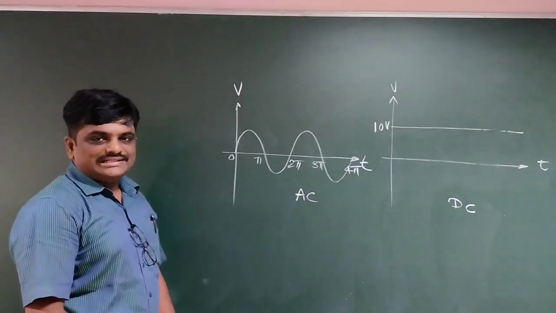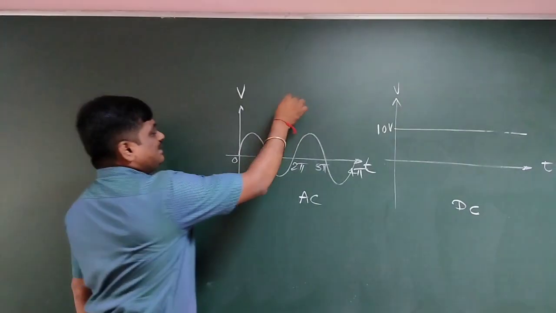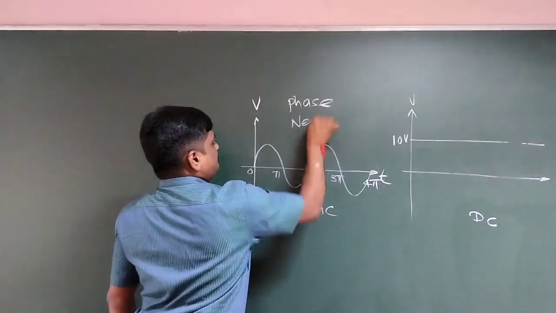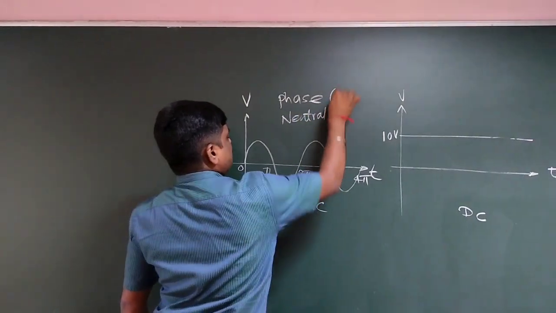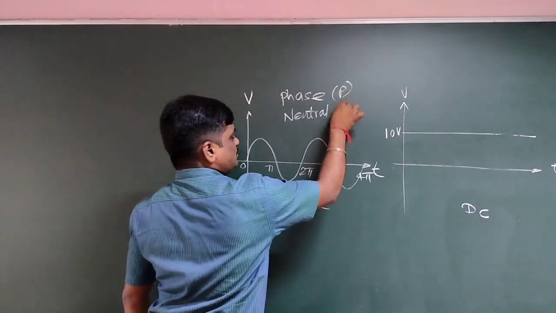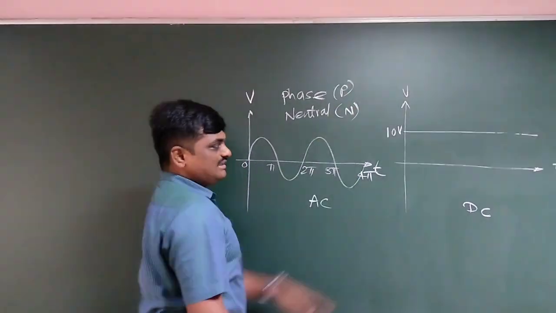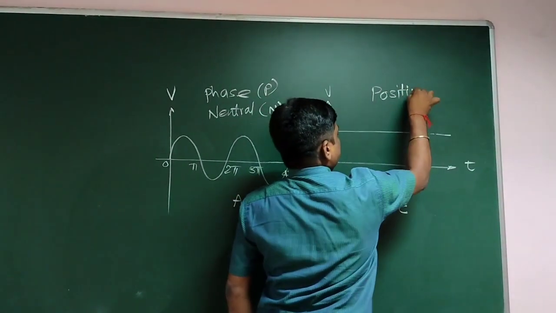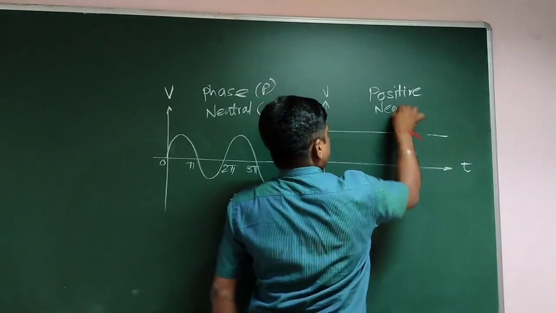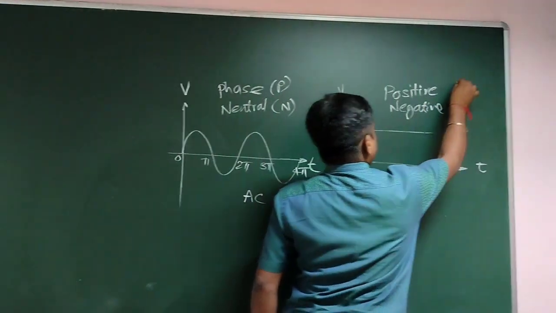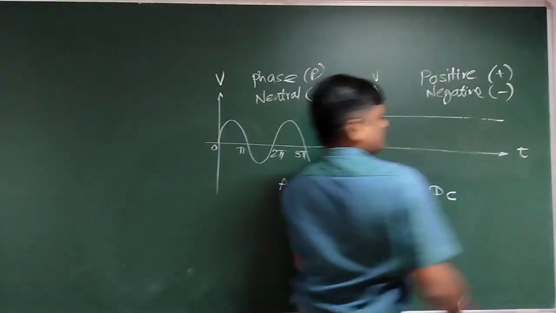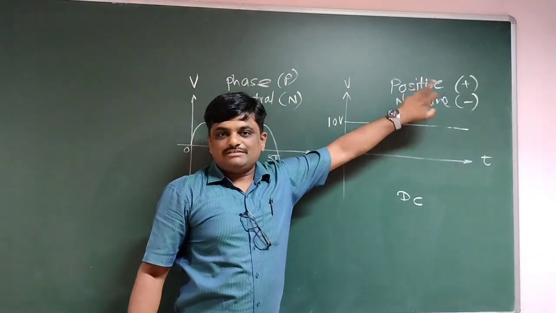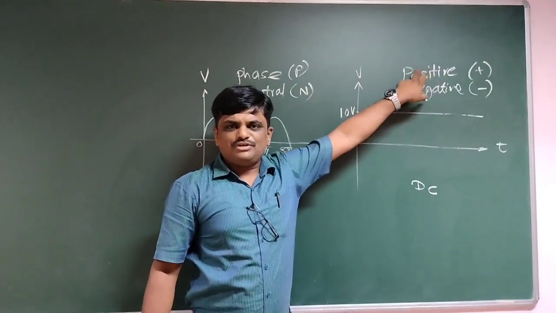Here the two terminals in AC are phase and neutral. That is the live terminal, which is also known as phase, and the second is the neutral terminal. In DC, the two terminals are positive and negative. What is the positive terminal?